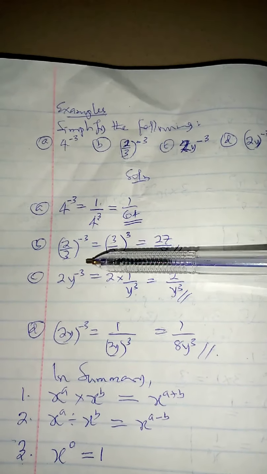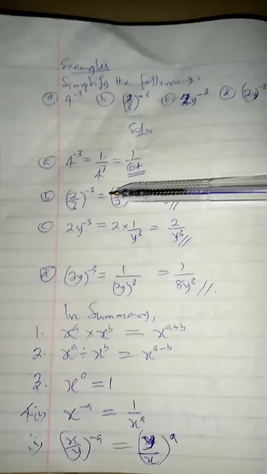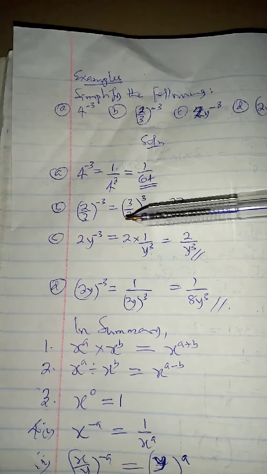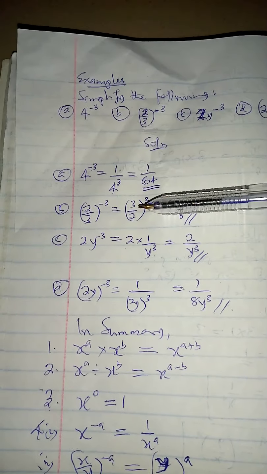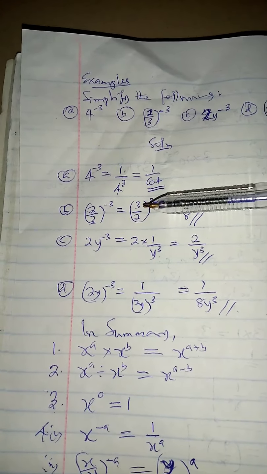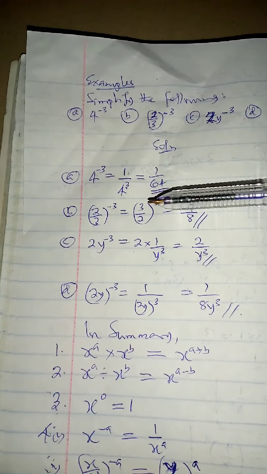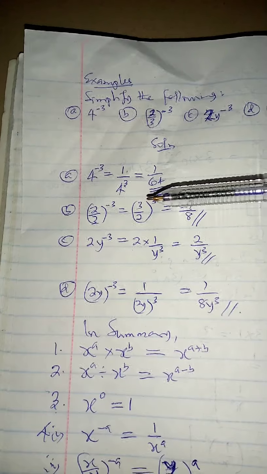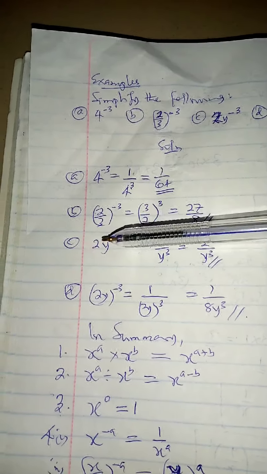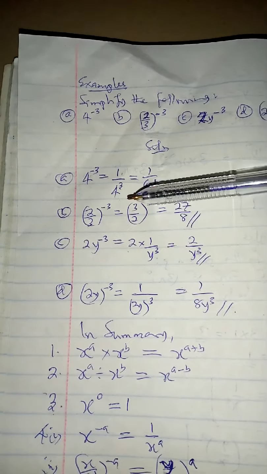2 over 3 all raised to power minus 3 is the same. You apply the x over y all raised to power minus a, which is y over x all raised to power a. So you reciprocate your base to give you 3 over 2.